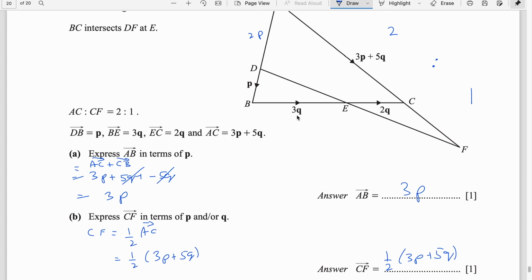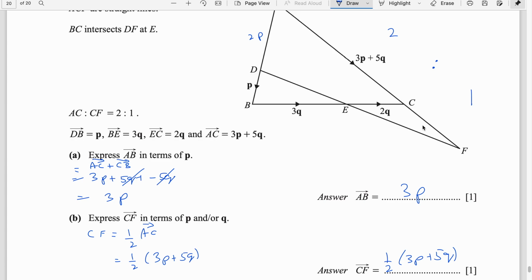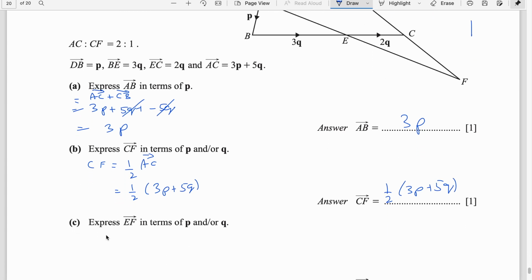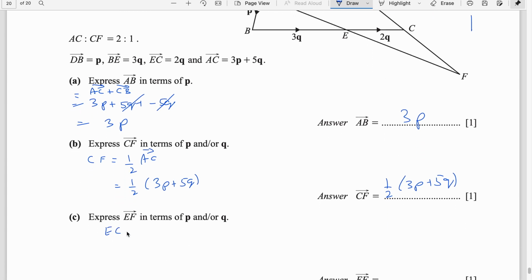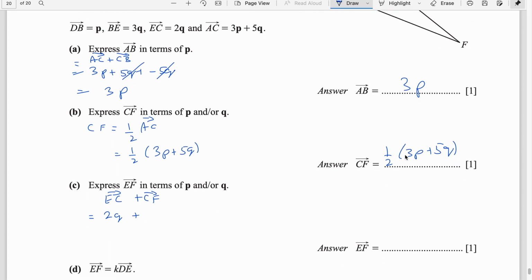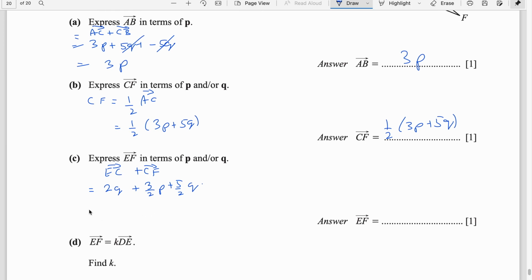So EF is EC plus CF. EC is 2Q and CF is already there. This is 3 by 2 of P and 5 by 2 of Q. So this is 2.5 and 2, 2.5 and 2 is 4.5.